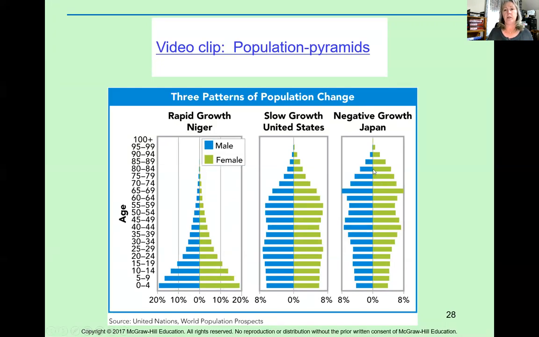But in Japan, limited space, so it's harder to support a large family, and so you have a smaller number of births, and so over time the population is going to decrease, because as these die and there's not as many being born, your population numbers will decrease.